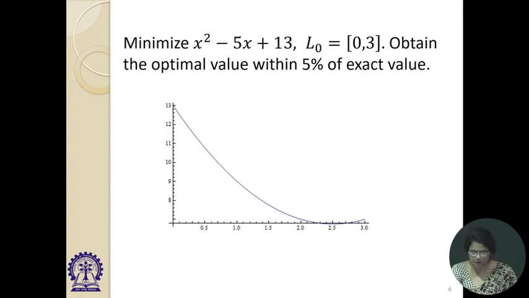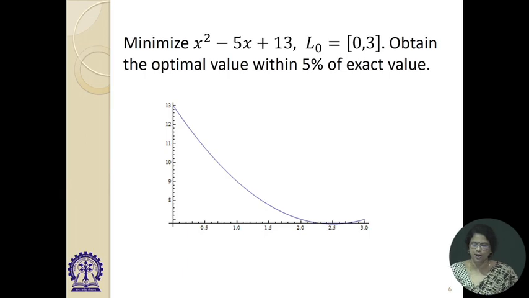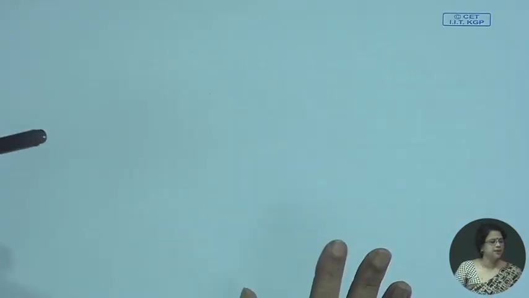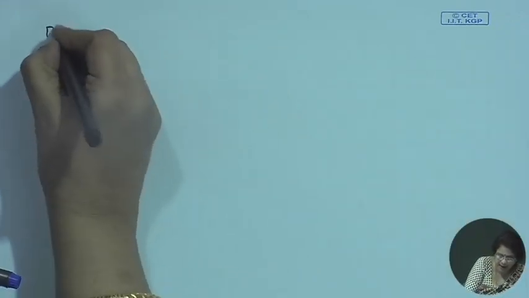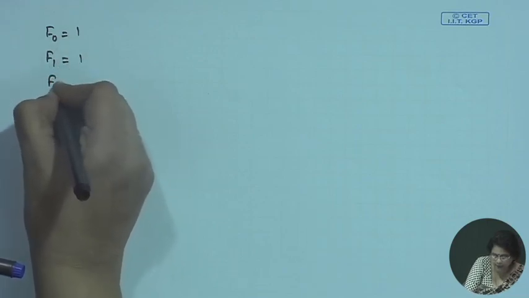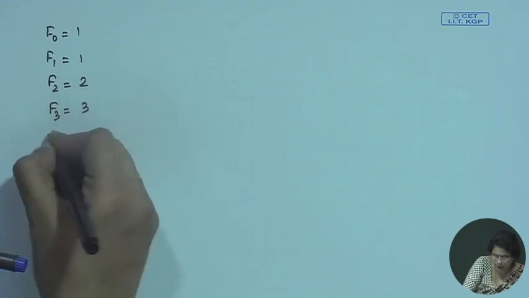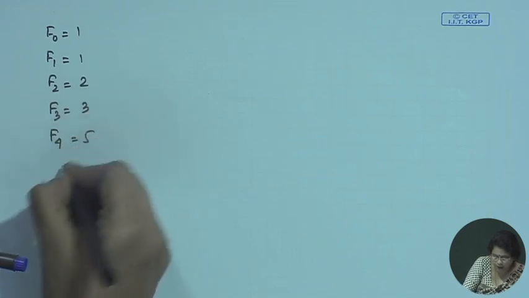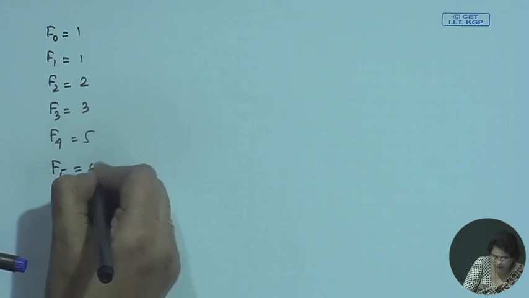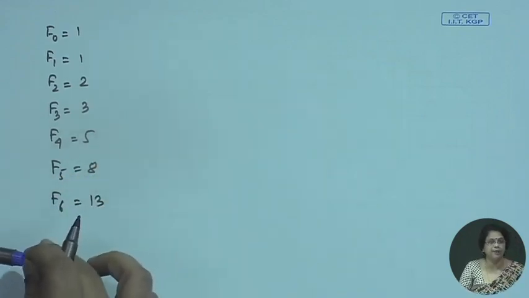That means, as I was mentioning, I need to do 6 iterations. Let us start the process. Let me quickly write down: F2 is equal to 2, F3 3, F4 5, F5 8, F6 13. I will reach up to F6.